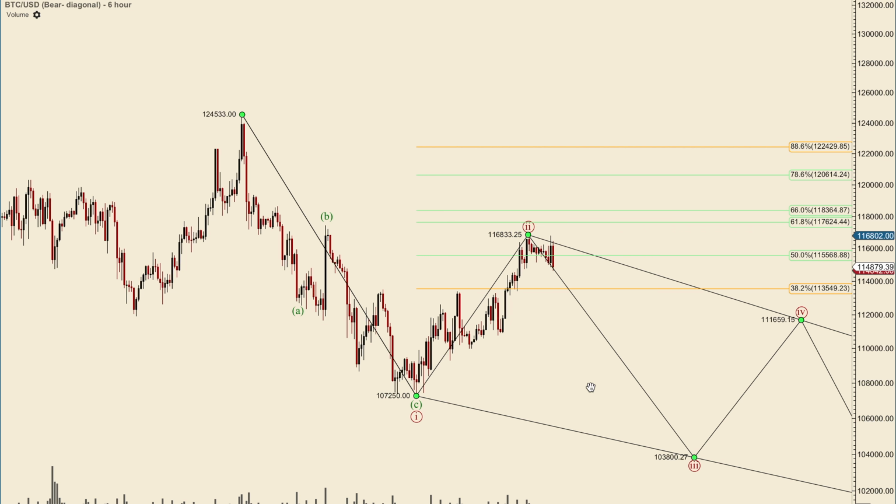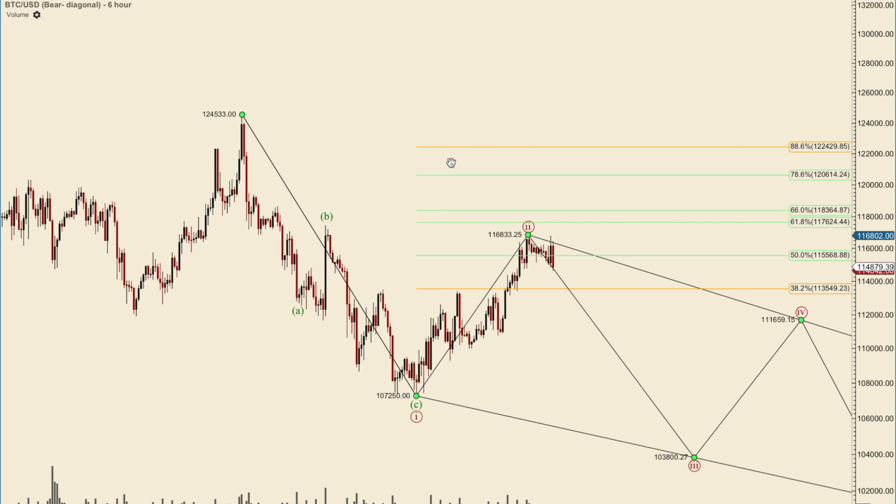And this is a high probability target for a wave 2, so we are hitting this sweet spot basically. But you don't really want to talk about diagonals before we are hitting wave 4. So this is way too early to talk about. But when I say it's way too early and I still mention it, why do I do that? Well, it's important to be aware of it, at least.